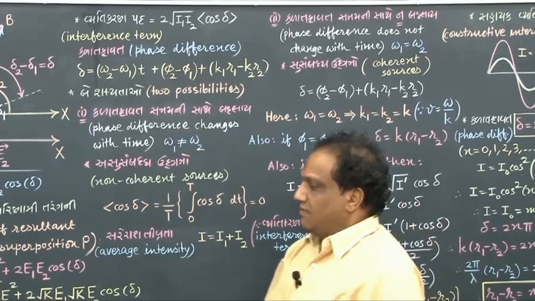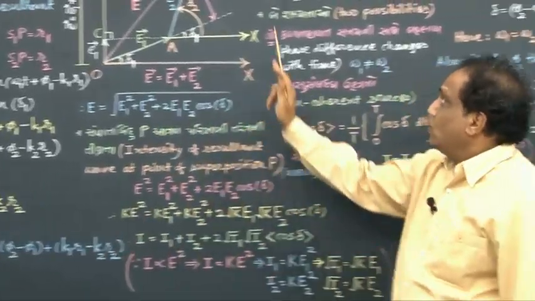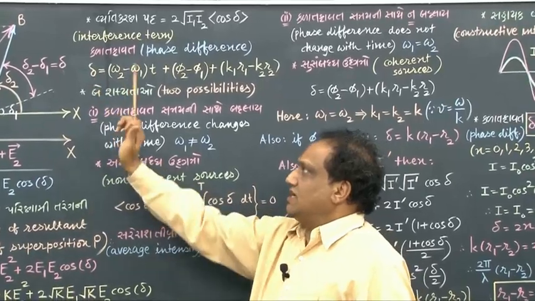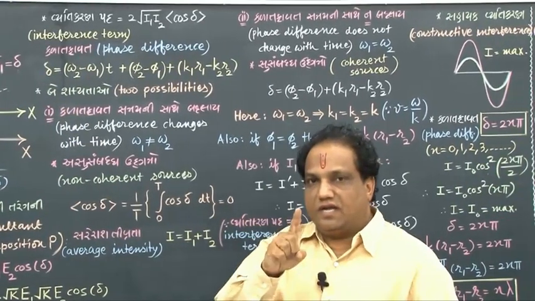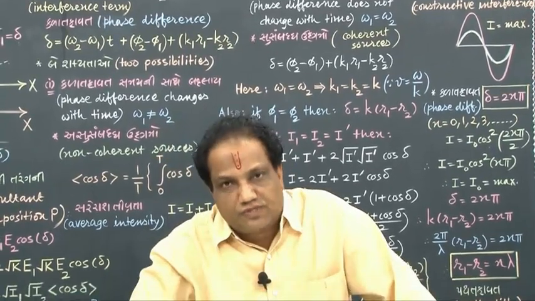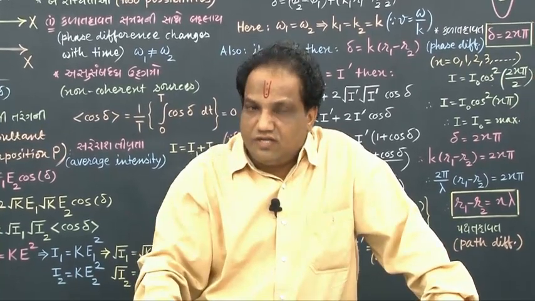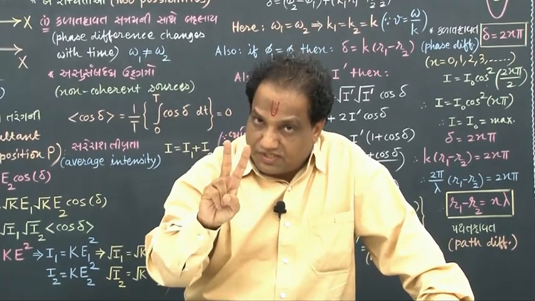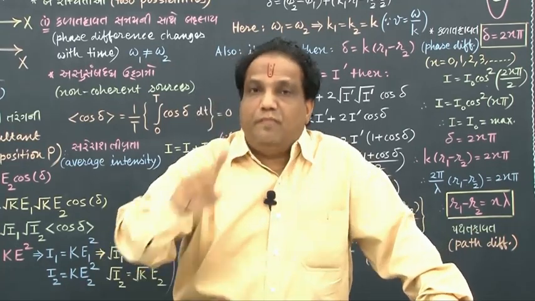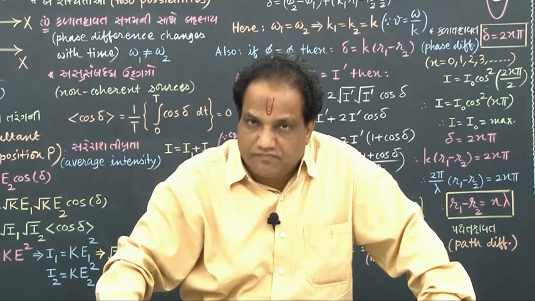Fine. Tell me, what is the delta formula? The same formula is written here. No change. Now what is this delta? Delta is the phase difference between two superposing waves. Correct? Now for the value of delta, you may have only two choices. Either the value of delta, which is the phase difference, may change with time, or it may not change with time.